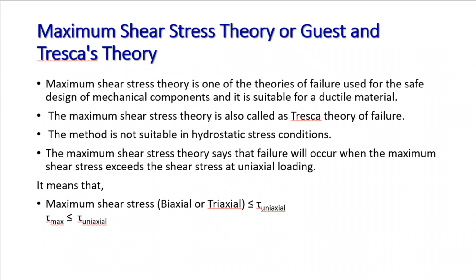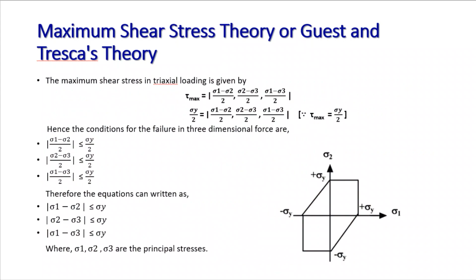The maximum shear stress theory says that failure will occur when the maximum shear stress exceeds the shear stress at uniaxial loading. So the maximum shear stress that we obtain from either biaxial or triaxial loading should be less than the uniaxial loading shear stress.